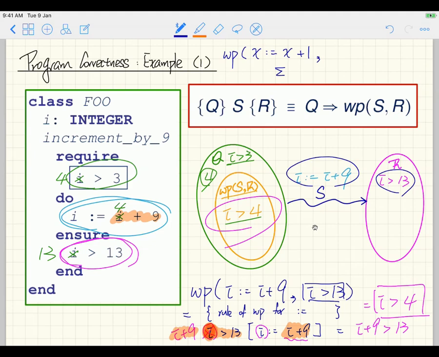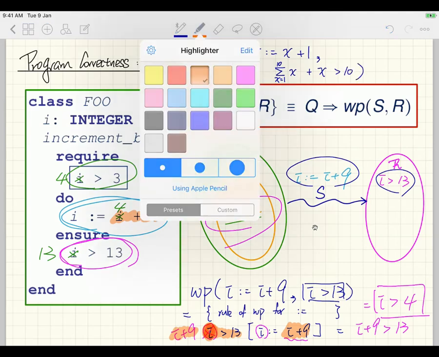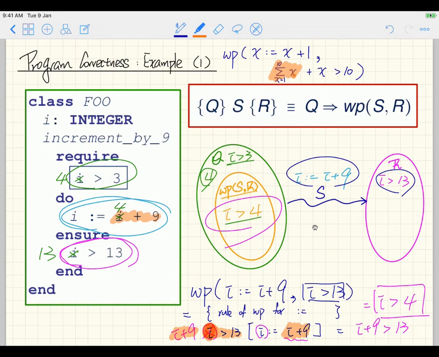Let's say sigma x, you know what a sigma is, right? 1 until 10, and then I will simply say x. I'm basically summing up 1 to 10. And then plus x is larger than 10, for example. So basically, this thing over here is the postcondition.